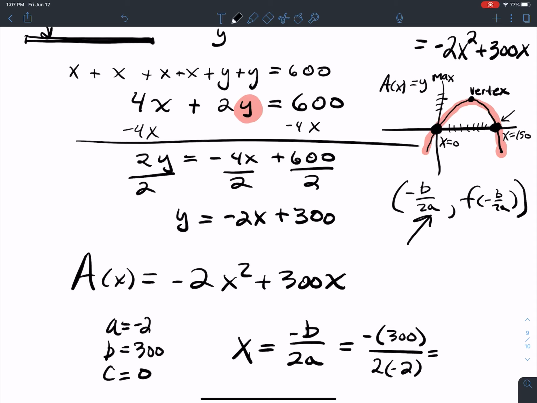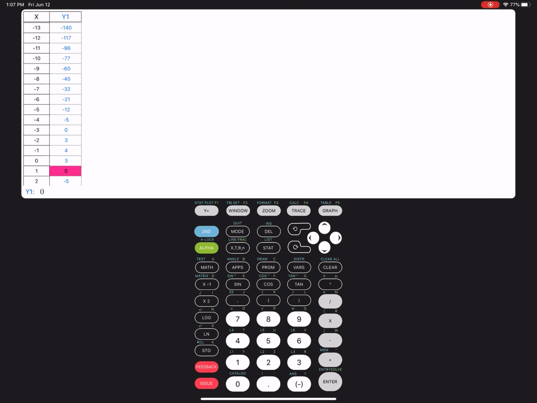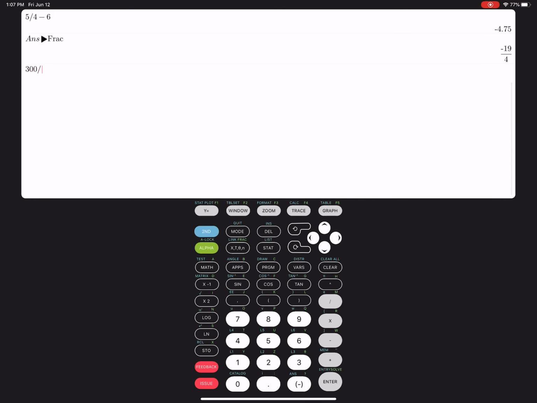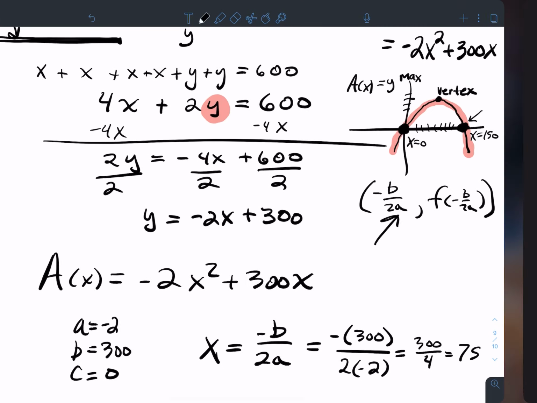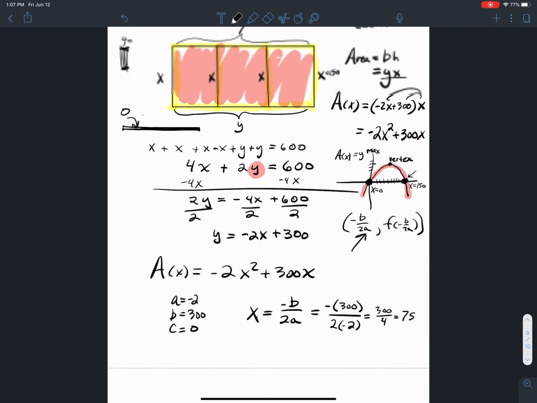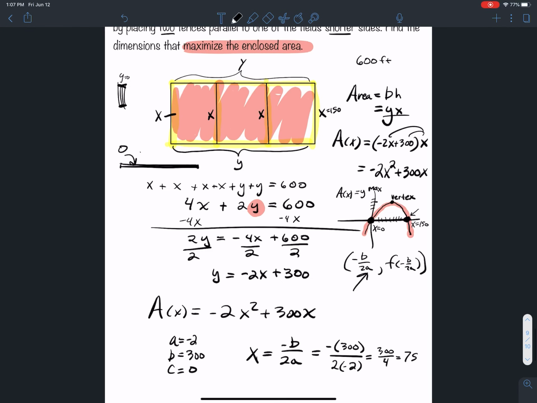A negative and a negative make a positive, so 300 over 4 equals, is that 75? Let's check: 300 divided by 4 is 75. So that tells me that a side equal to 75 feet is going to maximize this.